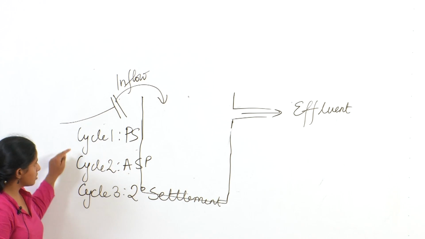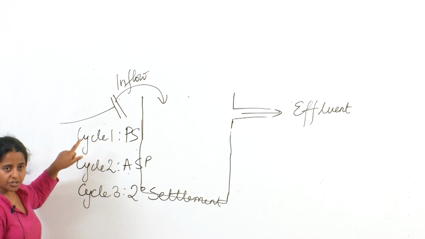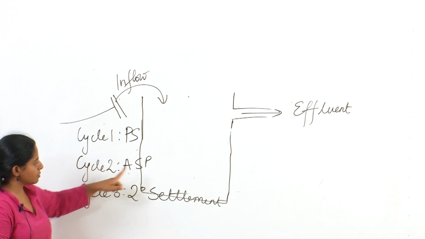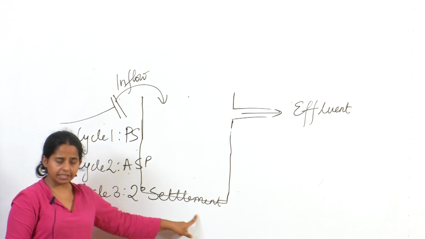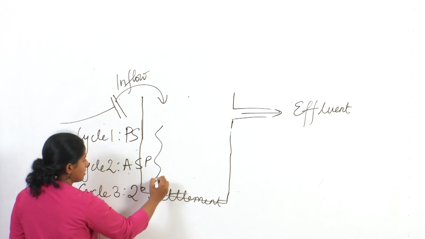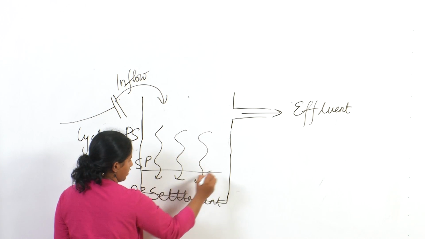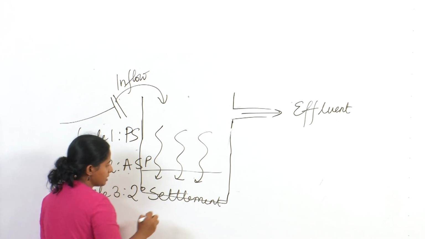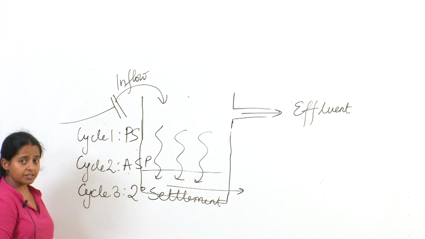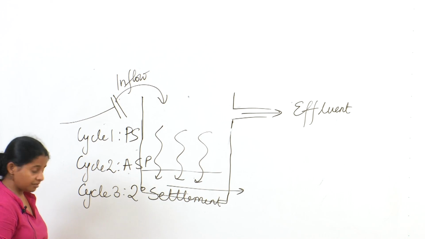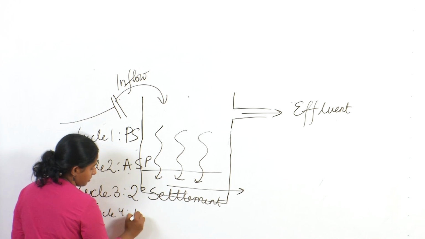So in cycle 1 we did primary settlement in the same tank, and when the time was up for primary settlement we allowed ASP for a certain amount of time, and when the ASP process has been done then we allow secondary settlement, and then the biomass will settle and the secondary sludge will settle, and after the settlement has happened, this sludge would be removed. Alrighty, and what is the next step after secondary settlement? Let us say it is disinfection. So the cycle 4 will be disinfection.